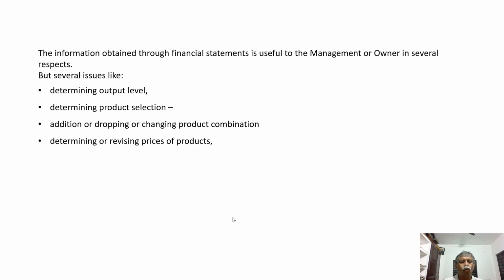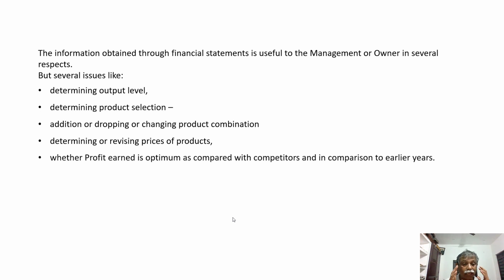And what will be the price, or should I change the present price? Clear? And whether the profit I got is optimum, is the right profit that I got when I compare with my competitors and in comparison to the earlier years.